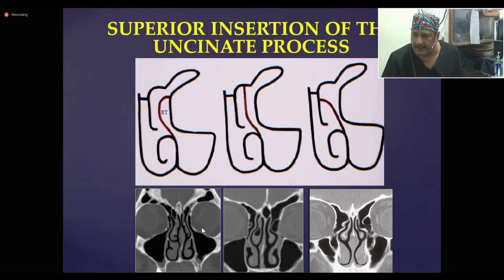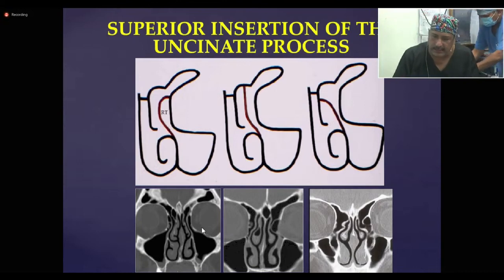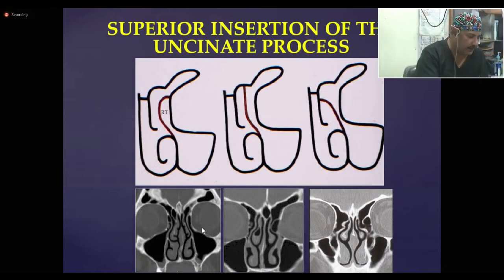You may still find variation in the agger nasi as the uncinate joins the medial wall of the agger nasi to insert on the lamina. Sometimes the agger nasi is too big and can push the uncinate. Sometimes it is a very small agger nasi and you may not find the upper uncinate insertion fusing with the agger nasi.